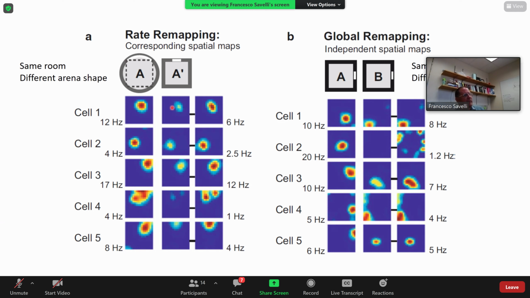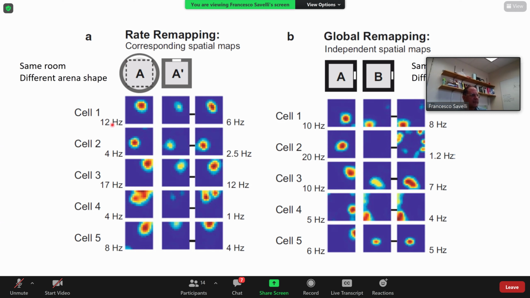A and A prime. And so you see that this place cell produces a place field in exactly the same position, but this field is weaker. It has a different firing rate. It fires less. It still fires only there, but the peak firing rate when the animal is in that location is lower, like it's half.